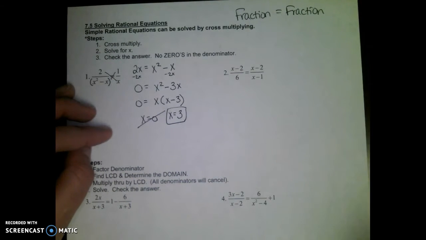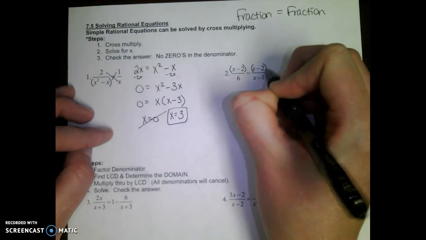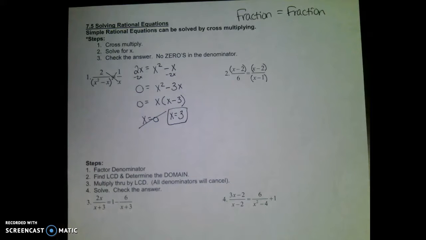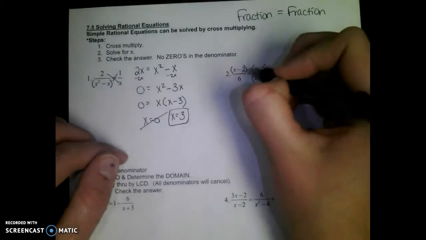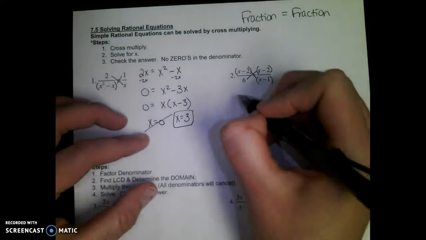Number 2 is the same type. First thing you need to do is get parentheses around any numerator or denominator that has addition or subtraction. Then cross multiply. The order that you cross multiply really does not matter.